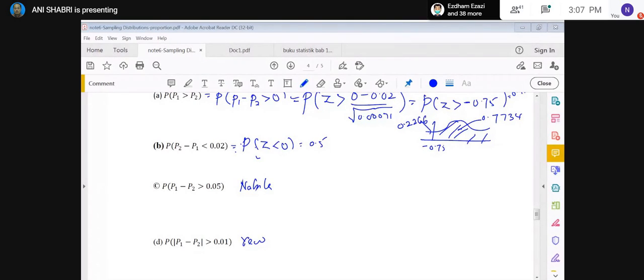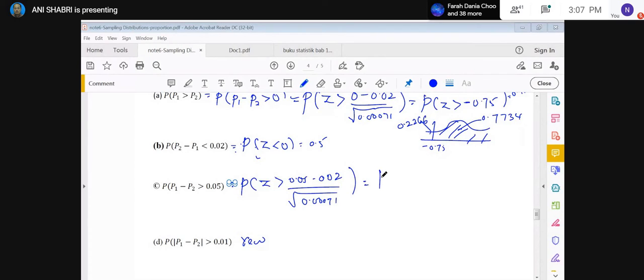Okey, Nabila dah siap. Dapat. Okey, Nabila pun okey. Okay, it is equal P, Z greater than 0.0, P1 minus 0.02, divide by, atas ni, 0.0000071.